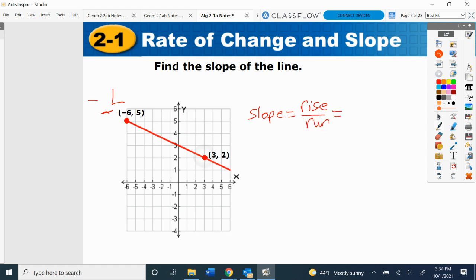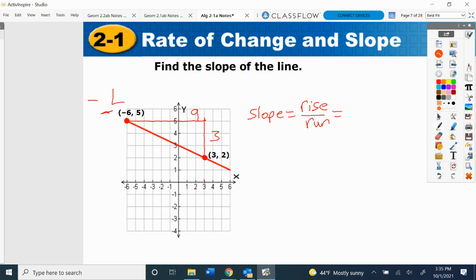To go from this point to the other one, we have a rise of 1, 2, 3. And then our run, we have to go to the left: 1, 2, 3, 4, 5, 6, 7, 8, 9. We're going to the left 9, and because we're going to the left, that is what makes our slope negative.